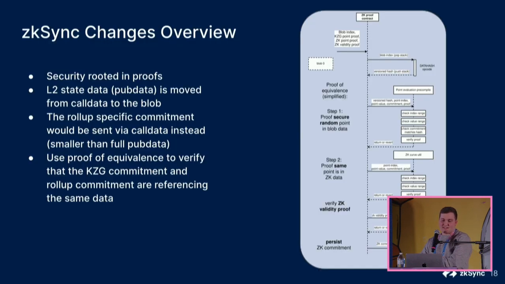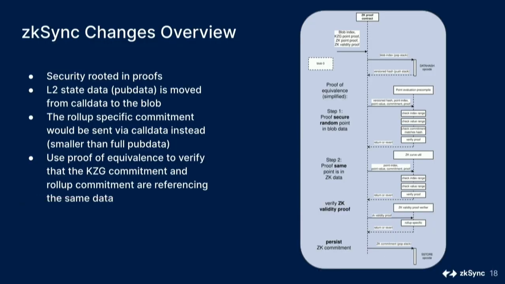So in ZK Sync, basically, the way it works is we have our security rooted in proofs, and you can think about our L1 batches as going through 3 major steps. We commit the batch, we prove the batch, and then we execute the batch.